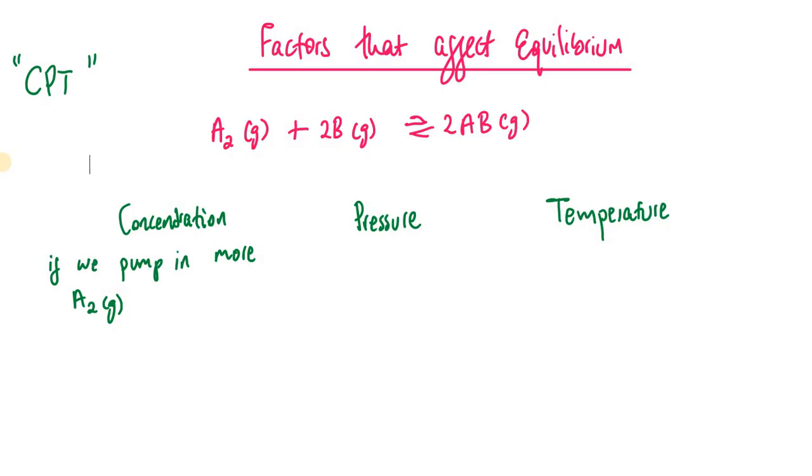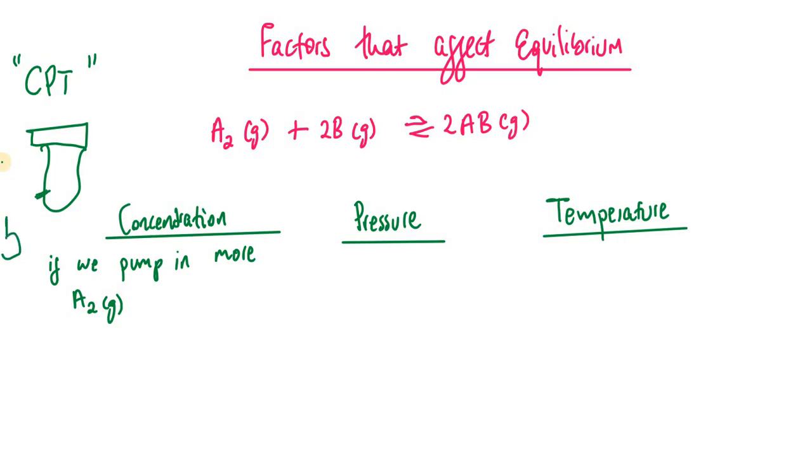Now if you come in and decide to add more A2 manually, you can pump it in. This should happen in a sealed container, so maybe you can put a hole there and start pumping in more of the A2. If you do that, you are disturbing the equilibrium.